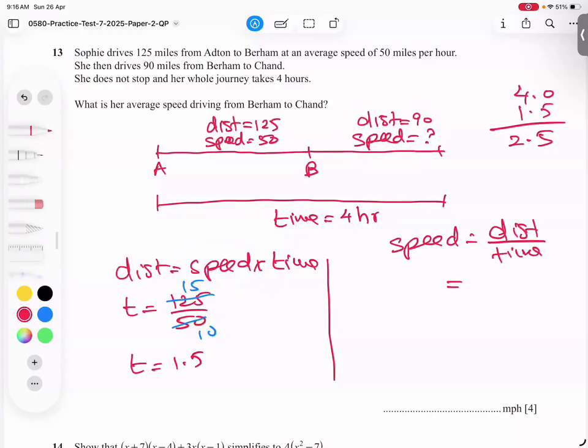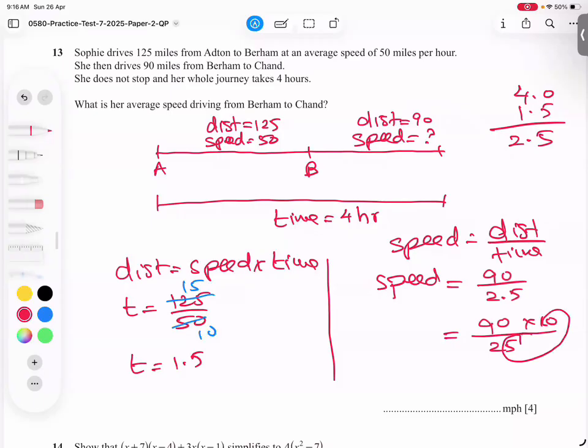So let's try to find speed. Distance we know is 90 miles, and time is 2.5. How to convert 2.5? Remove the decimal and you can write 25, and we can write over 10. Why over 10? For 5, I put 0. For the decimal, I will put 1. Now, students, simplify.